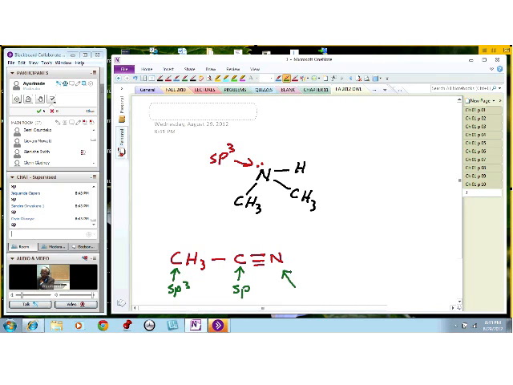Now, what is the hybridization of this nitrogen? sp, because in order to have an octet, this nitrogen has a lone pair of electrons right here, and you consider that lone pair as another atom. So this nitrogen is connected to 2 other atoms, this one and the lone pair of electrons, and that is why it is an sp hybridized atom.